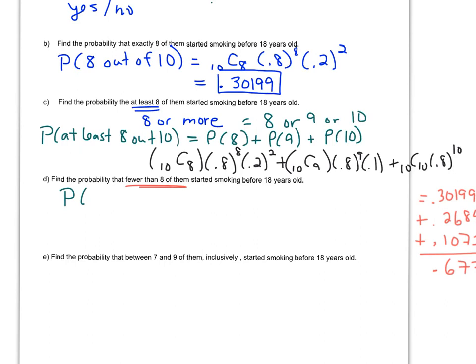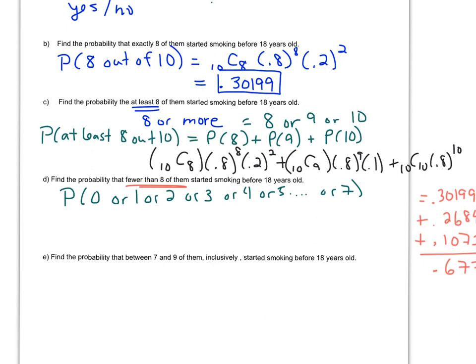That's going to be 0, or 1, or 2, or 3, or 4, or 5, all the way up to 7. That is a lot of probabilities to calculate. We'd have to calculate 8 probabilities to find this.